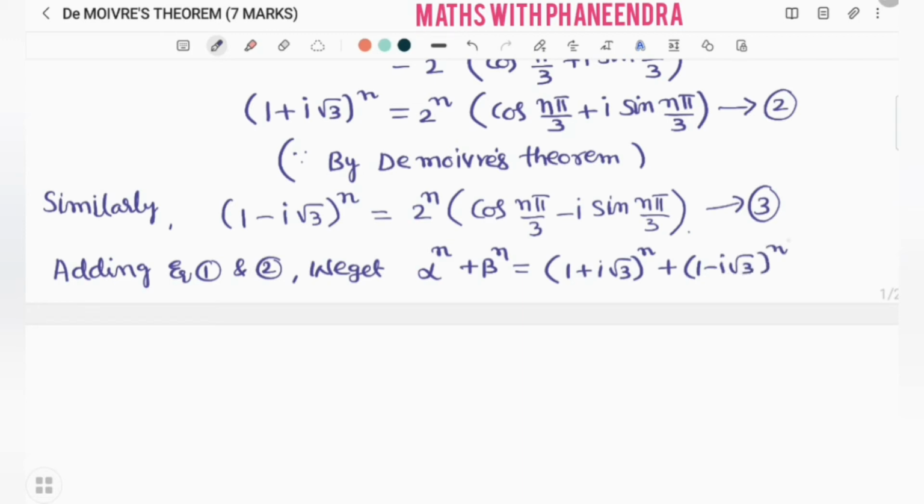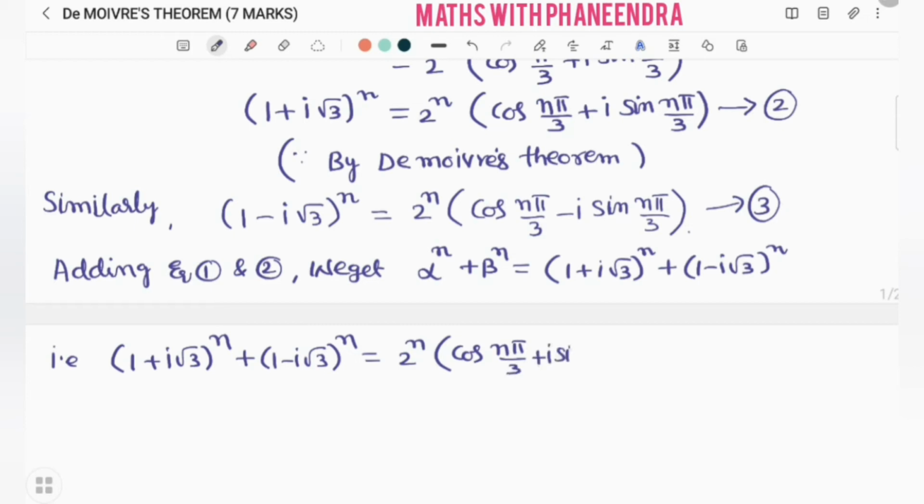So these values we are going to write as 1 plus i root 3 whole power n plus 1 minus i root 3 whole power n is equal to 2 power n into cos n pi by 3 plus i sin n pi by 3 plus 2 power n into cos n pi by 3 minus i sin n pi by 3.